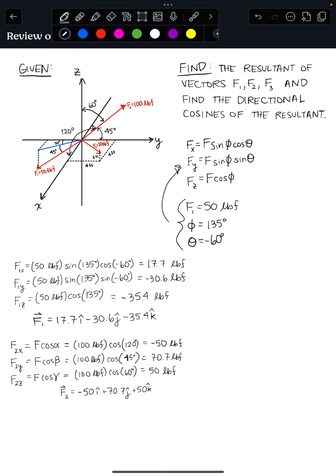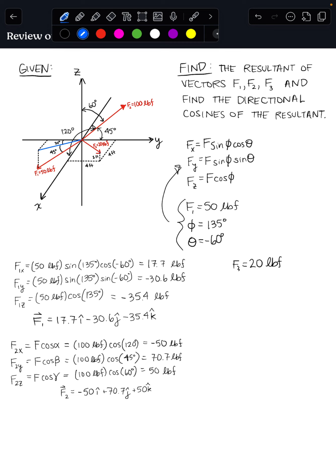So for F3, we know that it is 20 pounds, and we're given directions along each of the axes, but they're given to us in distances. So the easiest way, I think, to handle this is to first treat this as a displacement vector.